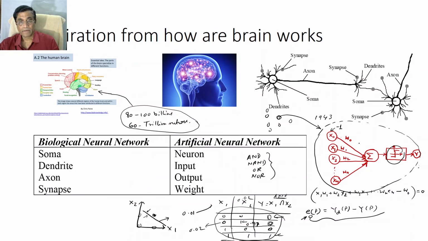With this, I wanted to give you a glimpse of the historical development of the neuron and then the neural network. We will study more in the next class. Till then, have a nice day. Stay safe. Bye bye.